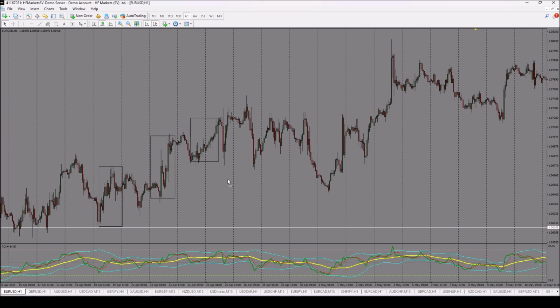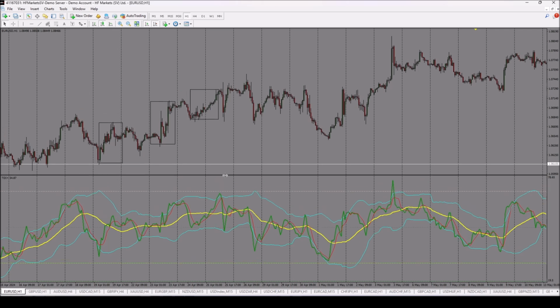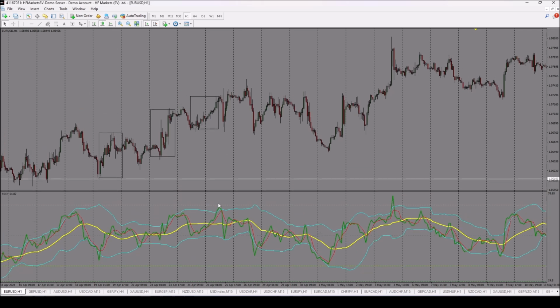A peak formation high using the Traders Dynamic Index means we need to see the RSI line, the green line, dropping. When we see these crests of the RSI line dropping, it means the relative strength index of the currency in the pairing is dropping. So this crest is higher than this crest, meaning there were signs of dropping relative strength.